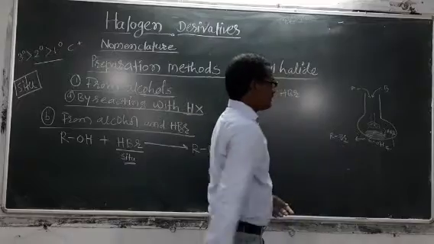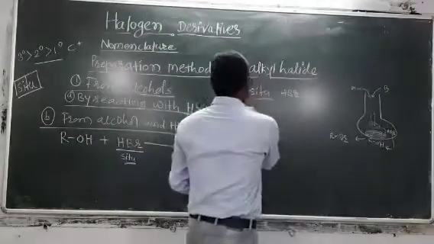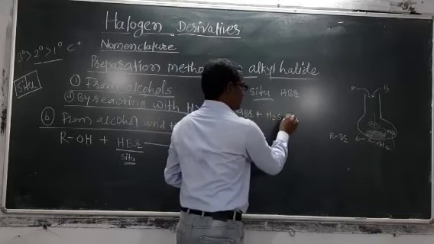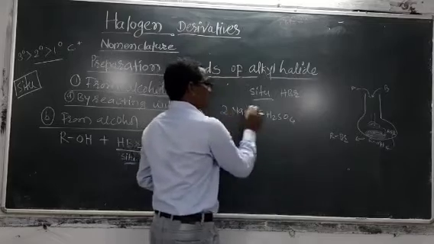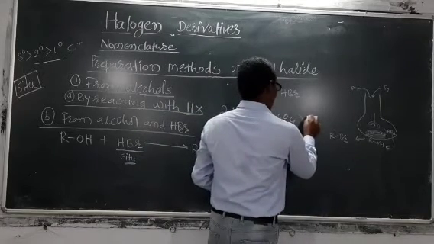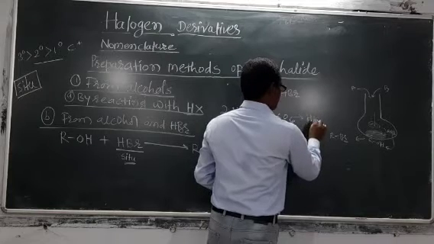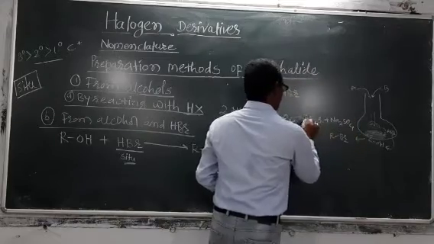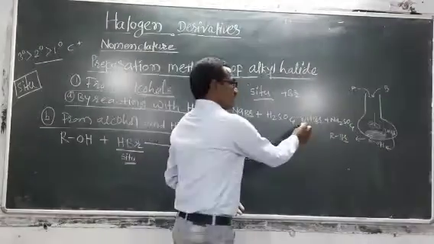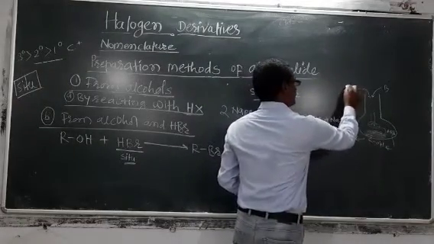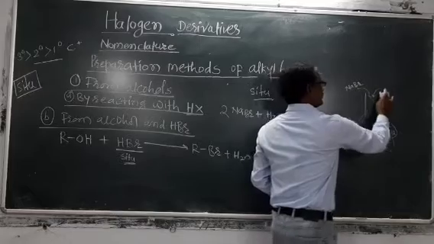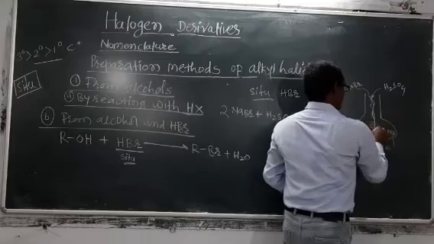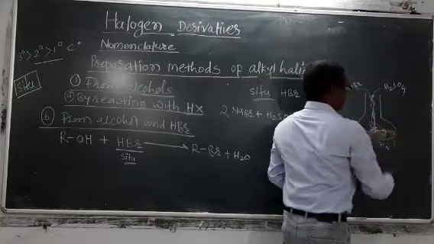Suppose, how will we prepare HBr here? When NaBr is reacted with H2SO4, for the balancing of the reaction, we get 2HBr plus Na2SO4. NaBr and H2SO4 combine with each other and give HBr.